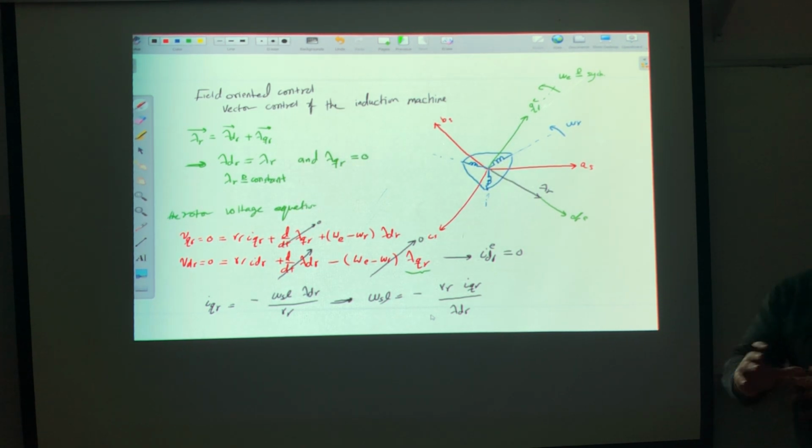So I need to find omega slip in the end of the day, similar to the view graph. Remember, if I need to compensate for the slip, I need to calculate omega slip and add it to omega R. So now omega slip here has a relation with the rotor circuit.